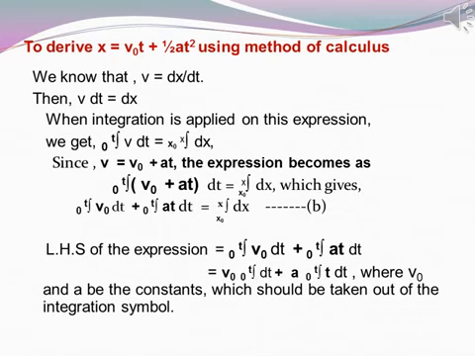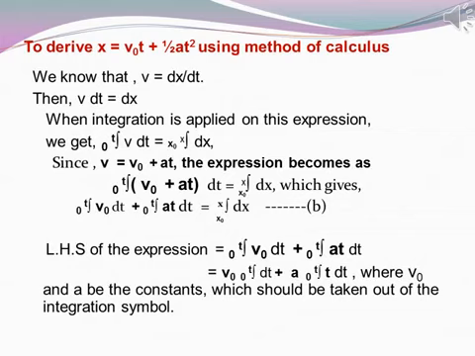When integration method is applied on this expression, we get integration from 0 to t of v dt = integration from x0 to x of dx, where 0 and t are the lower and upper limits of the time t and x0 and x are the lower and upper limits of the position x by this integration.